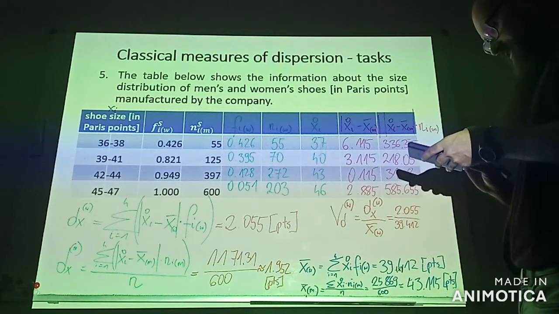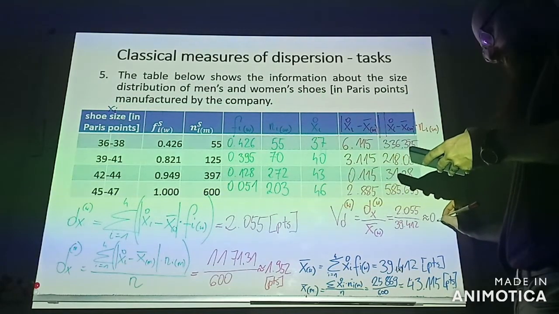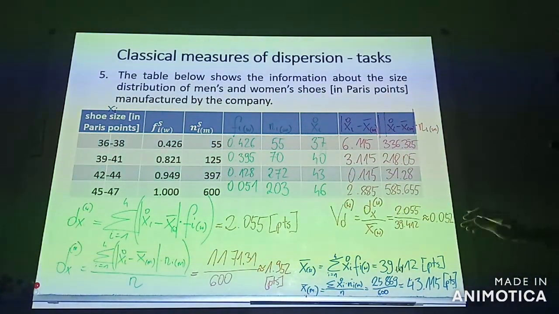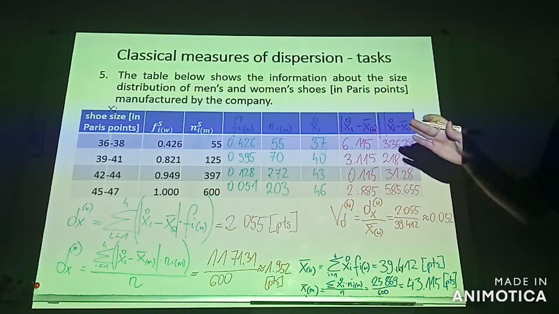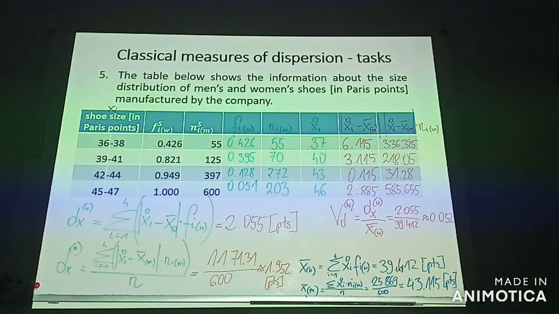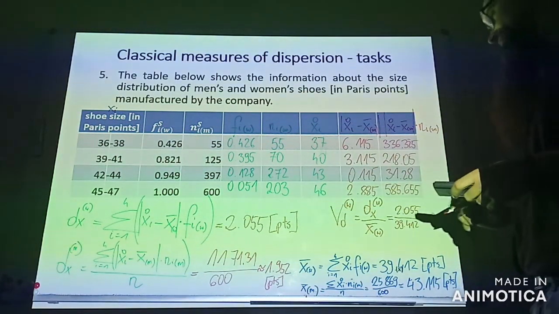It's about 0.052. So it's a low variability of women's shoe size. We are talking about the low variability of the women's shoe size.